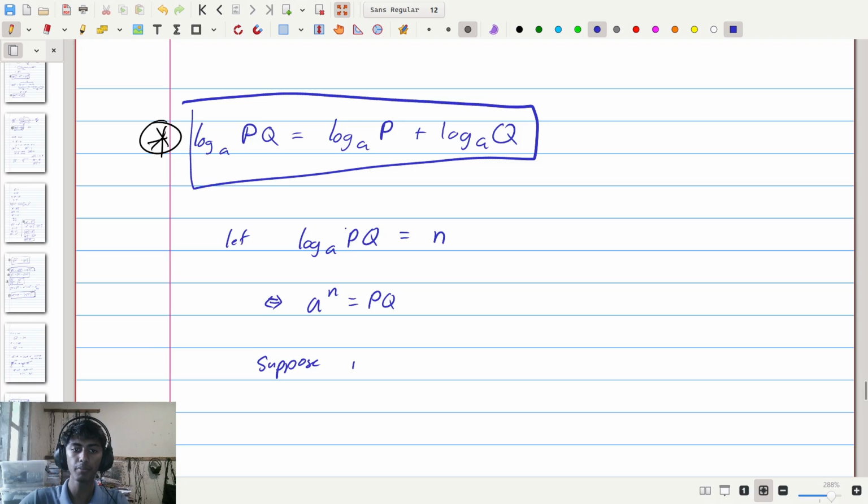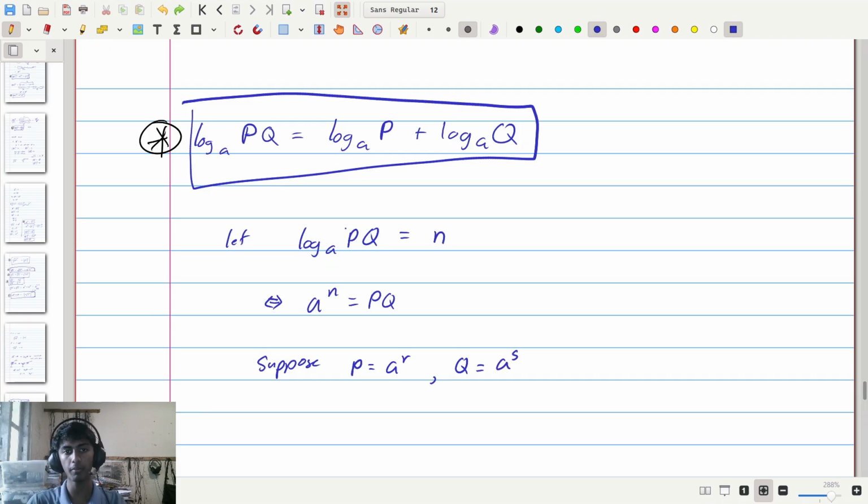So now here, we'll suppose that p is equal to a to the r for some r, which we don't know. Let's also suppose that q is equal to a to the s for some s. It has to be true, no? It has to be true, because this right here is a positive number, and this right here is a positive number, because we had these conditions matching.